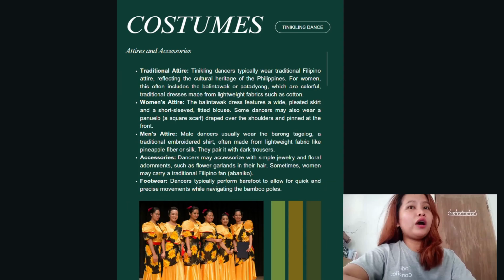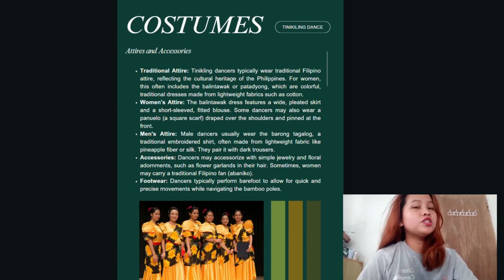For the costumes, we have the traditional attires. Tinikling dancers typically wear traditional Filipino attire, reflecting the cultural heritage of the Philippines. For women, this often includes the balintawak or patadyong, which are very colorful traditional dresses made from lightweight fabrics such as cotton. For men's attire, male dancers usually wear the barong Tagalog.